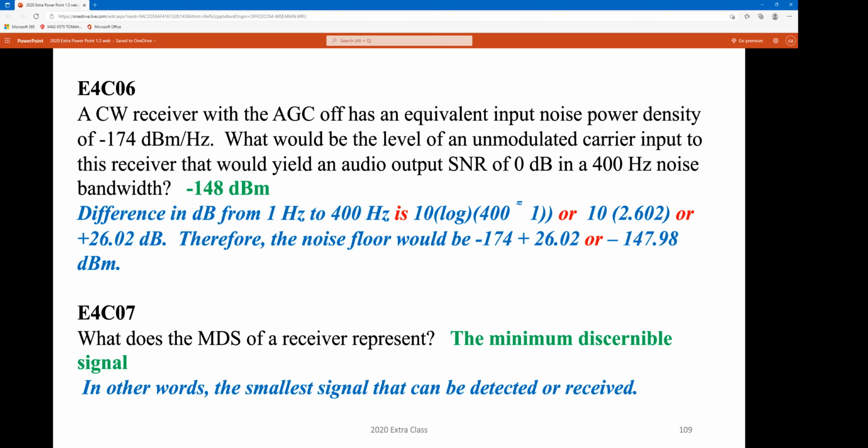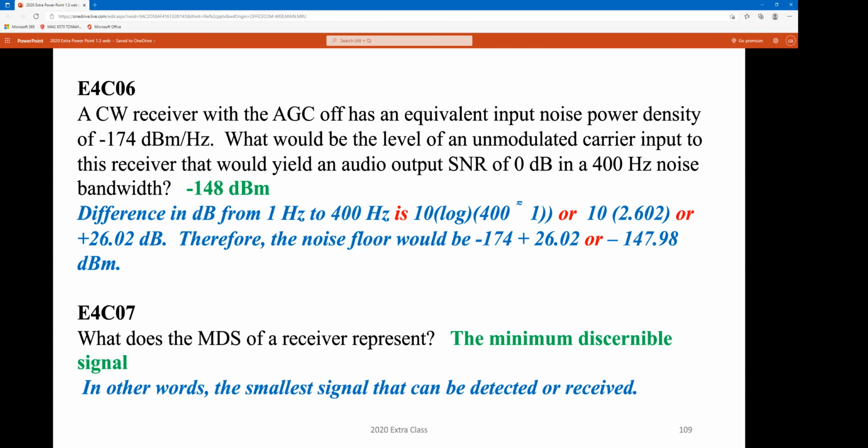I stared at a solution to this for a while and almost got where I was really comfortable with it, but I'm still not quite there. Chris, correct me if I'm wrong, but the key to the solution here is that with signal to noise of 0 dB, it's a 1-to-1 ratio.